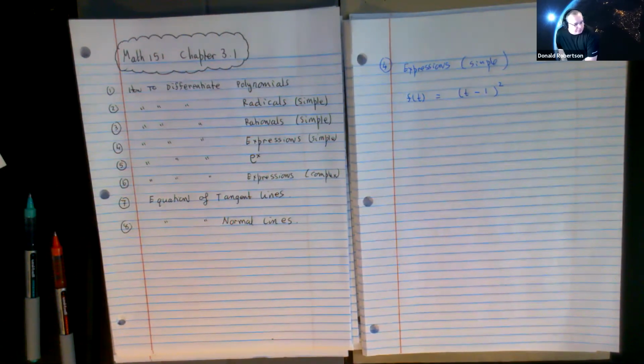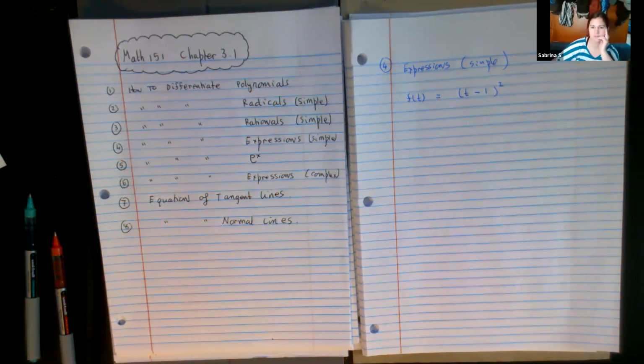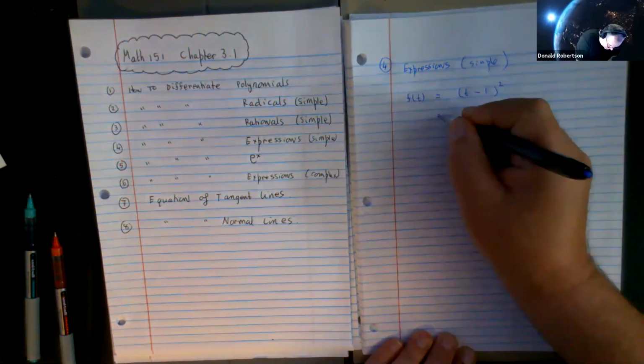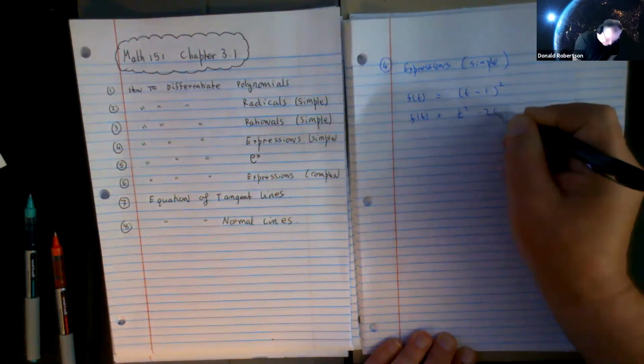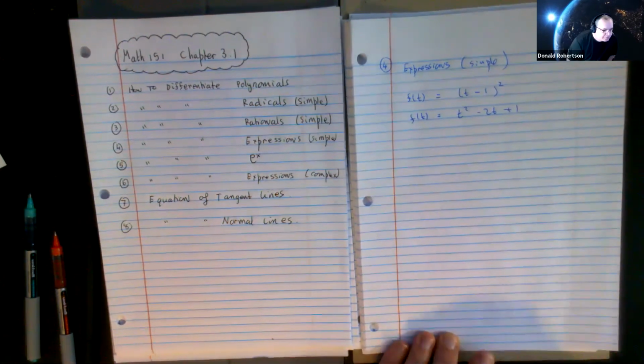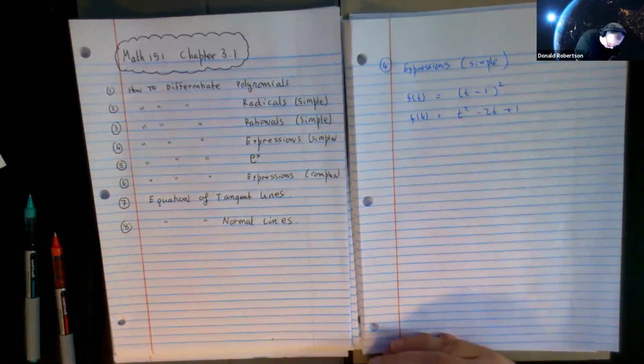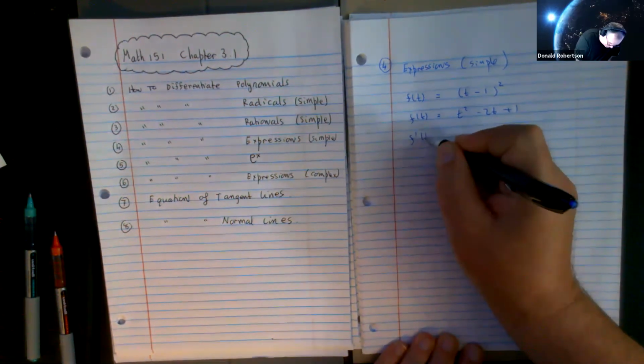I want to differentiate that. What could I do? Start by factoring it out. Yep. Can you just trust me that if you do FOIL, you get that? That would seem reasonable. And then you just differentiate.